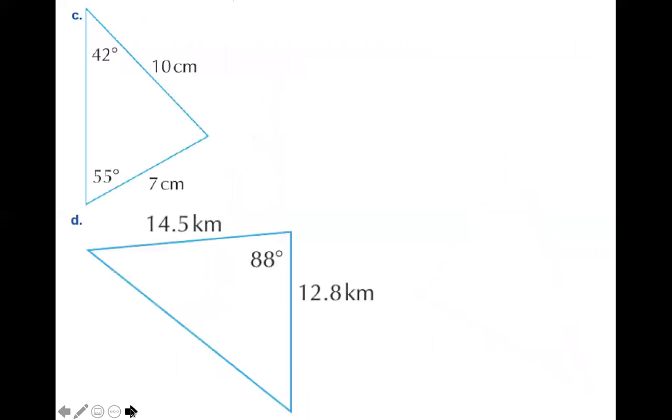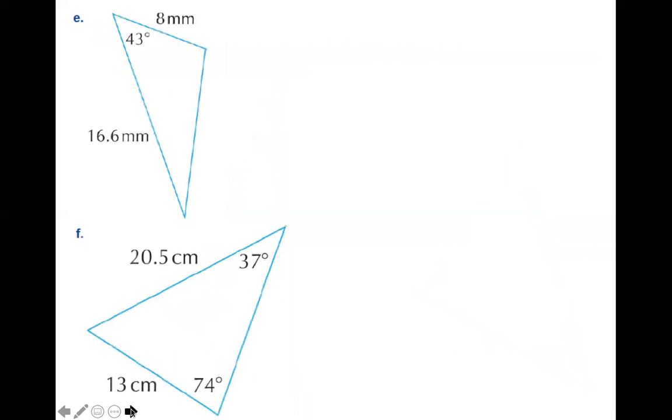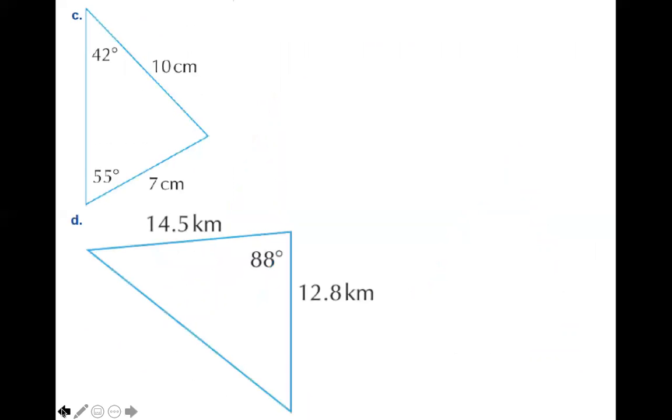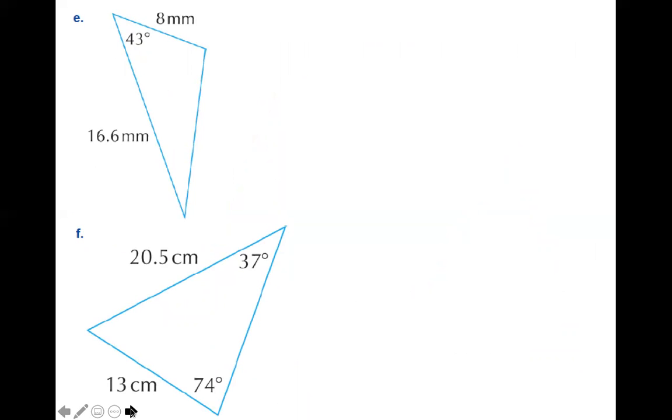Now let's pick something a bit harder. So A, B, C, D, E, F. So we're going to do F. F or C are the same, so we can do F if you want. Some of them have 2 angles, and you need to make sure.